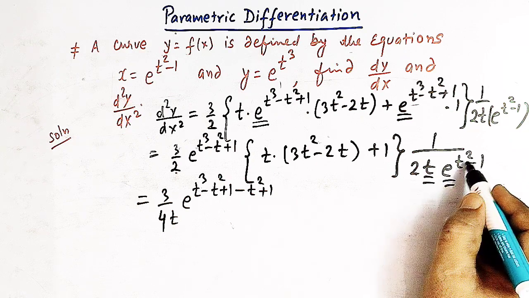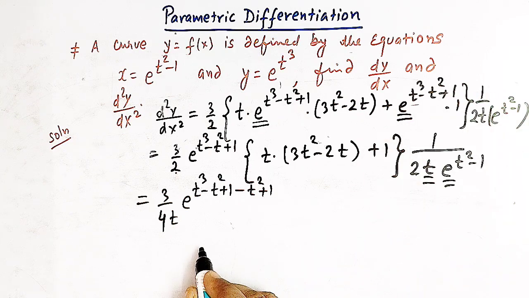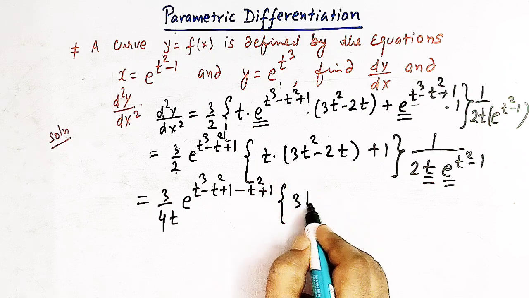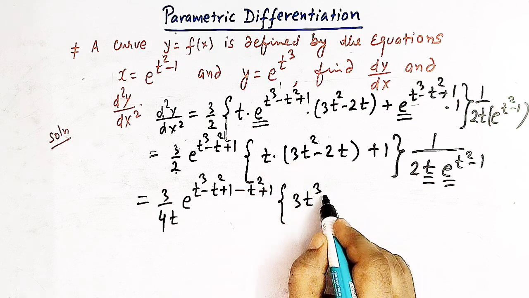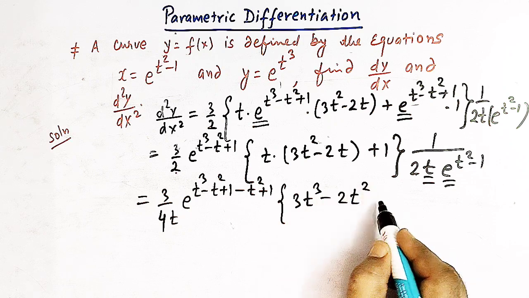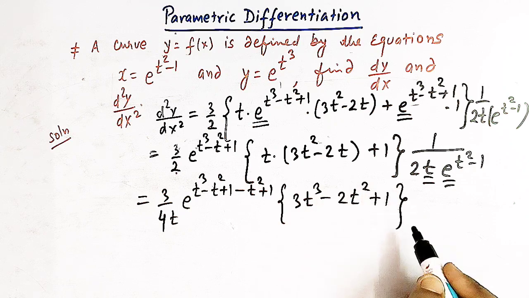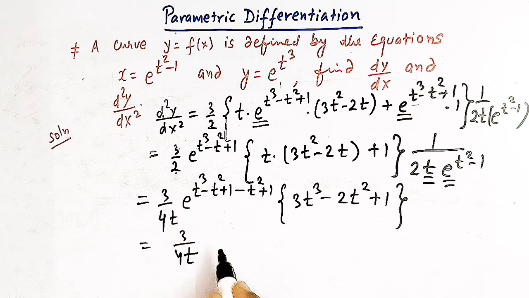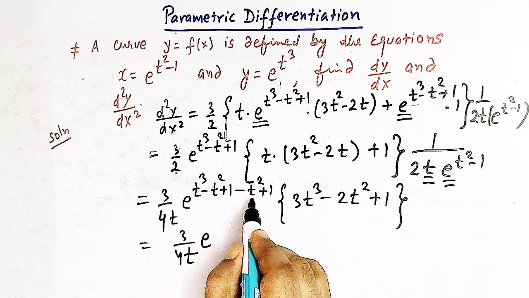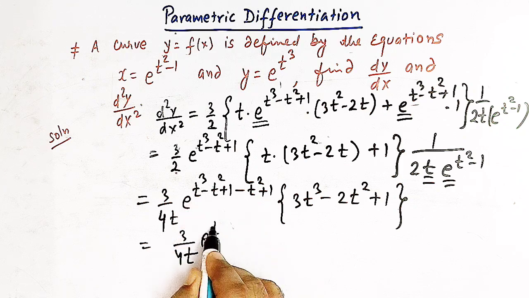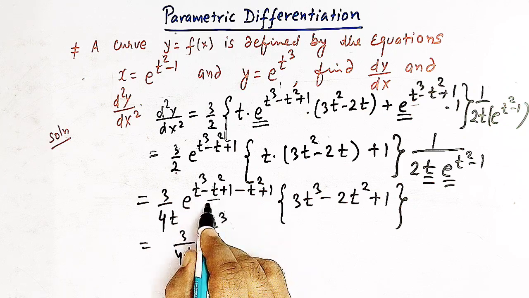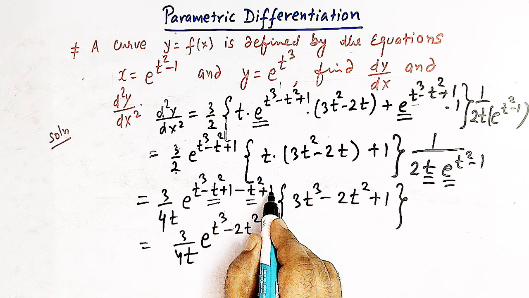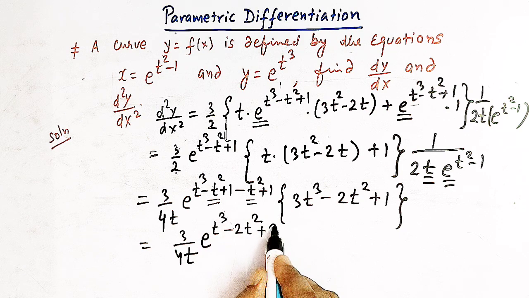So taking e raised to t square minus 1 to the numerator, and here we have 3t cube minus 2t square plus 1, right? Okay, so now we have 3 over 4t, and e raised to, here we can see that we have e raised to t cube minus t square is minus 2t square, and 1 plus 1 is 2, right?